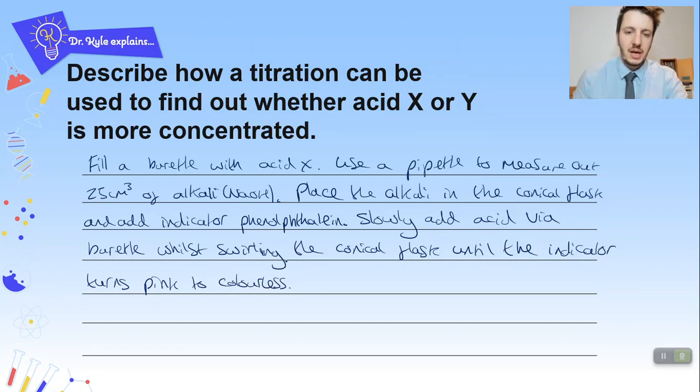Okay, lovely stuff. And so what you're doing there is you're essentially seeing that the acid has now been neutralised, and it's now a neutral colour, and so the indicator phenolphthalein will turn from pink to colourless.